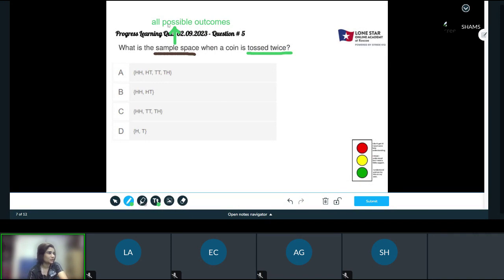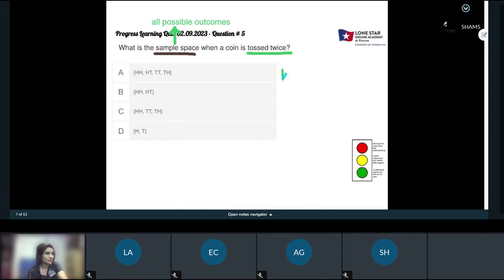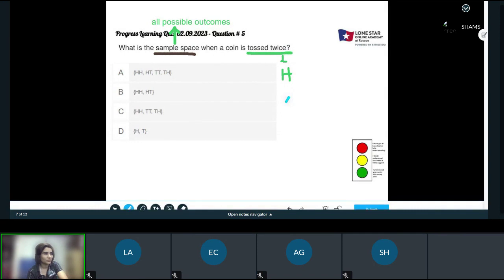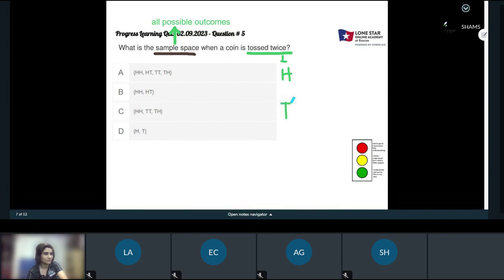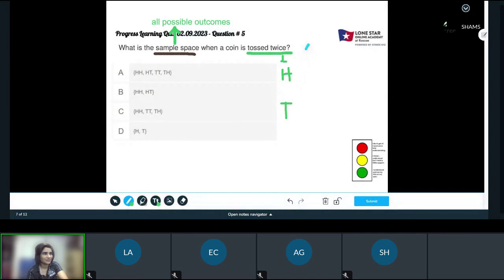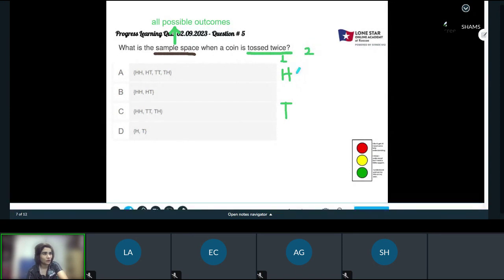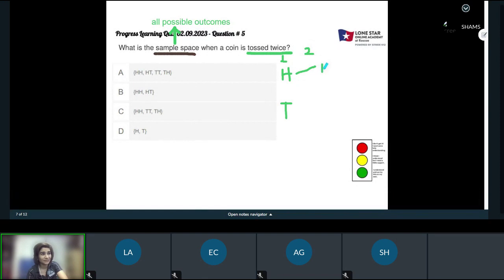Okay. For this one, you might get heads in the first toss. In the first toss, right? I'm going to say 1. First toss, you might get heads. Or if not heads, you might get tails. Then second toss, if you ended up getting heads, second toss could possibly be heads again. That is this one, right? Heads and heads.